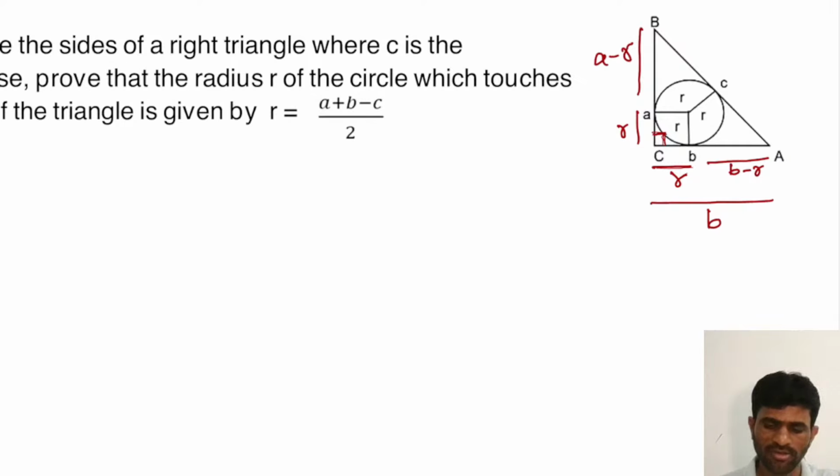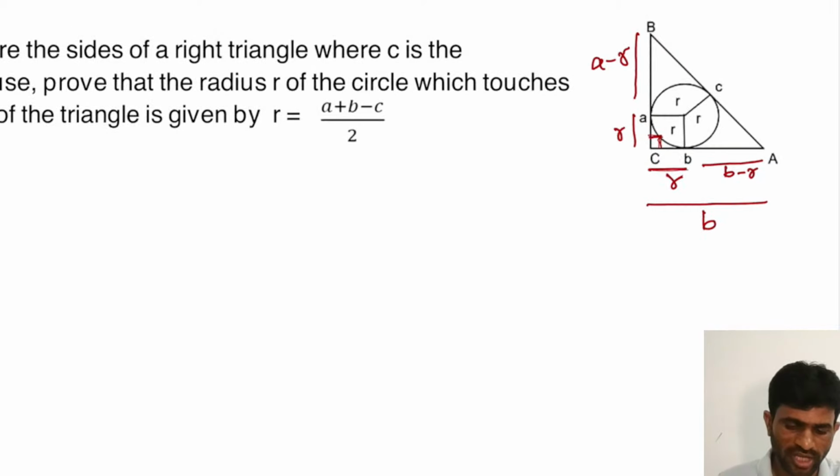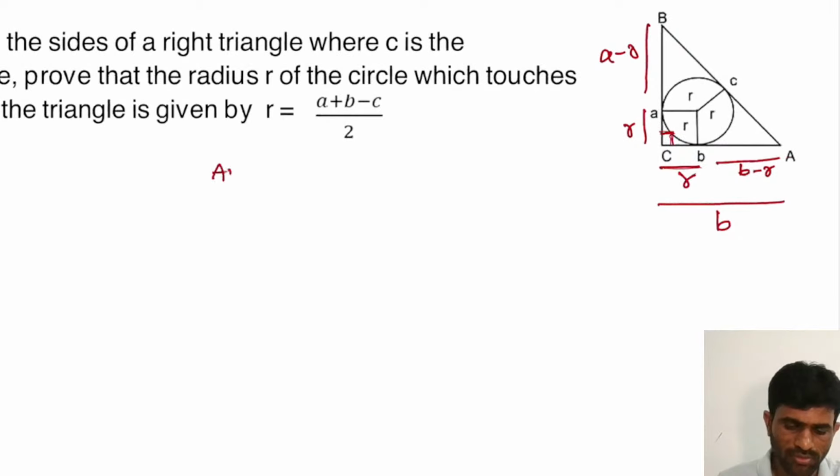A minus R. So what do we know here? AB is equal to, and you know the lengths of the tangents are equal, no?